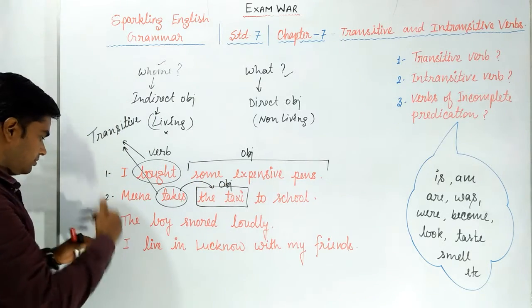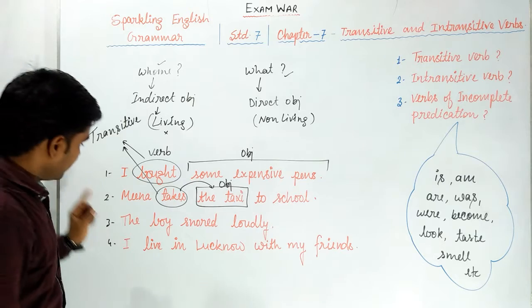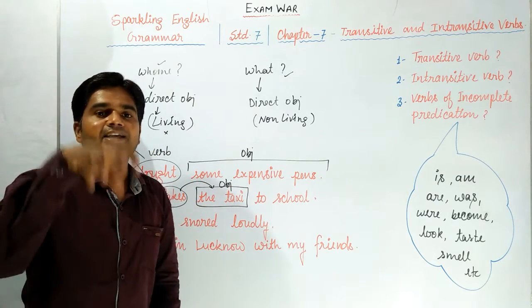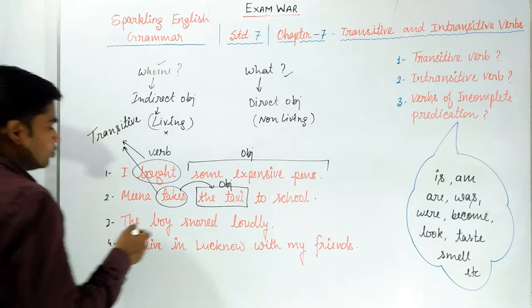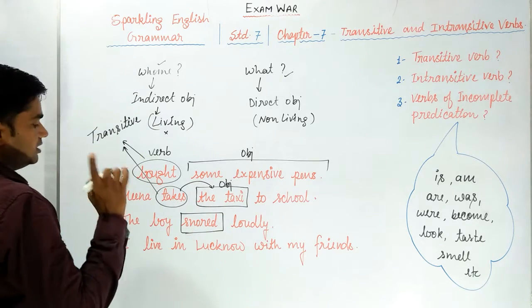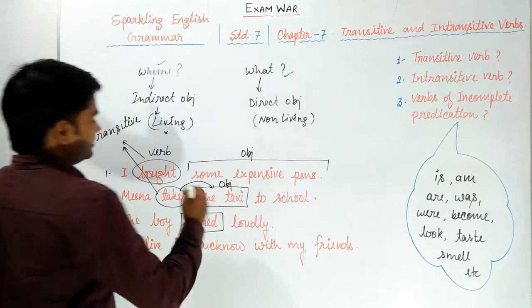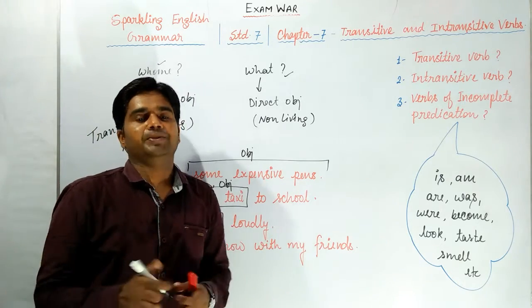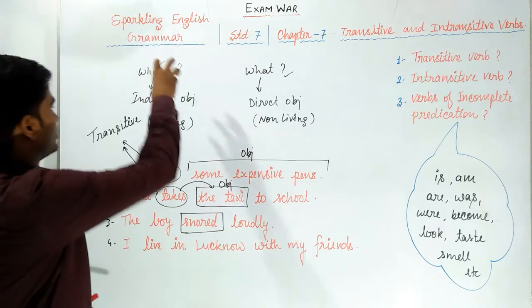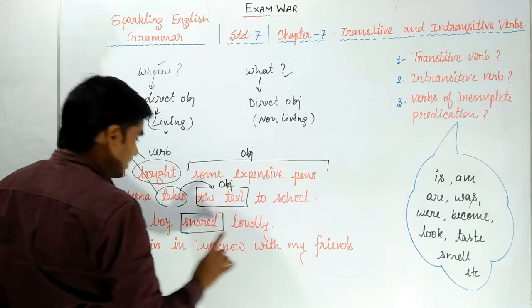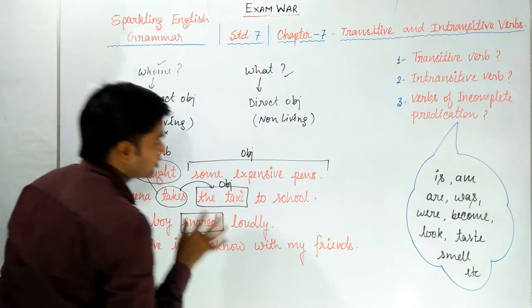Now let's take one more example. Third one: the boy snowed loudly. What is the verb here? The verb is snowed, and afterward only one word is written, loudly. So can we ask any question with whom? No, we cannot, because no living being is given after that.